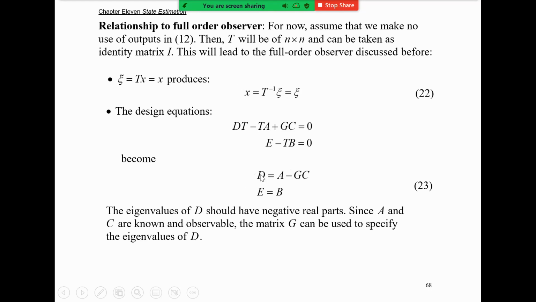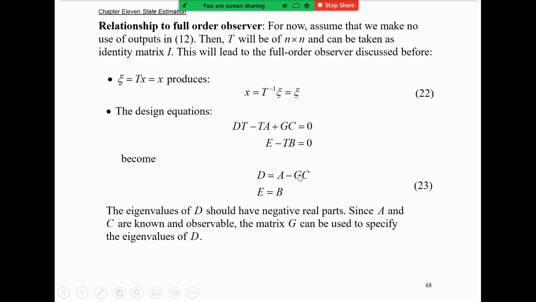So D, that is the matrix controlling the decay rate of the estimation error. The eigenvalues of D, of course, have to be stable or have the negative real parts. A and C are given. Then the matrix G is the design variable, right, which you can use to make this new matrix A minus G times C to be stable.